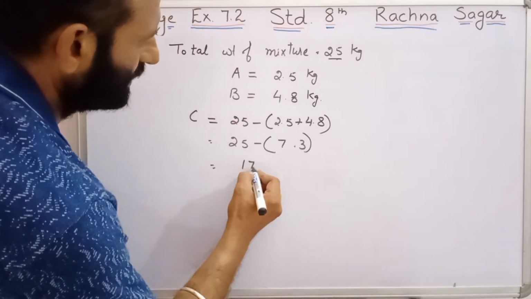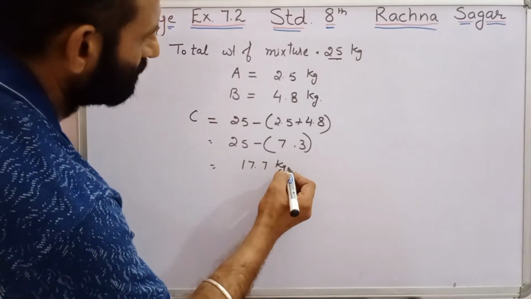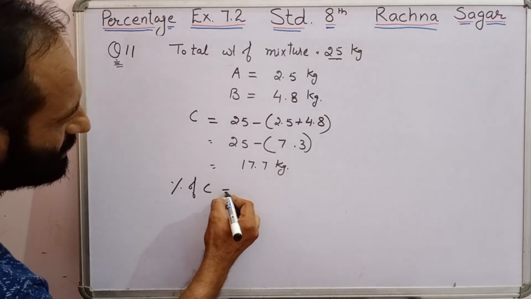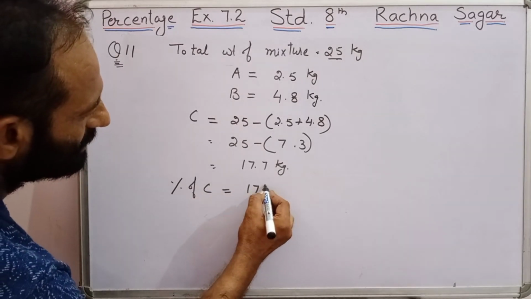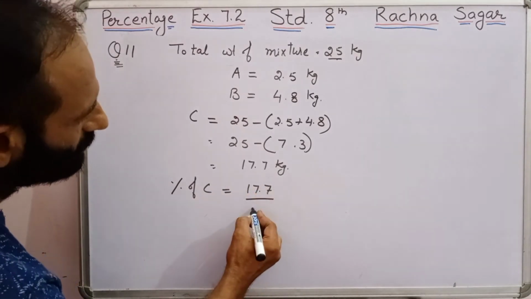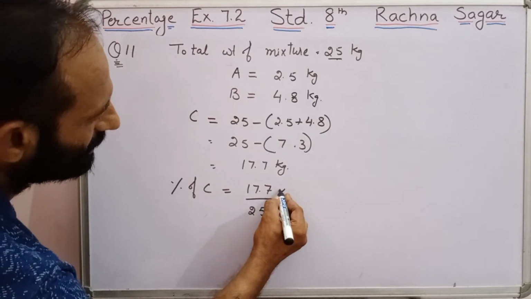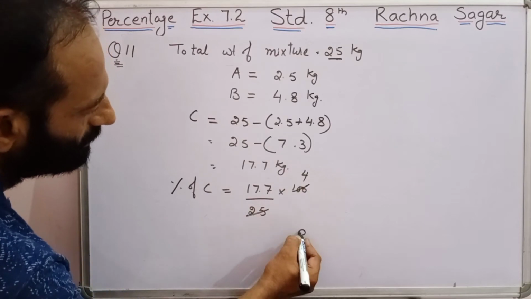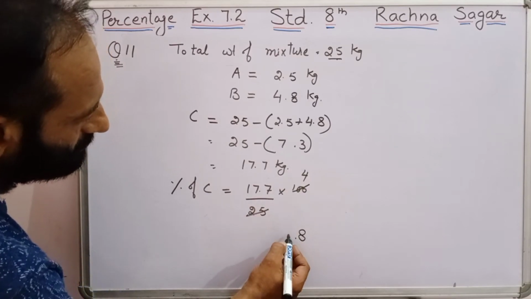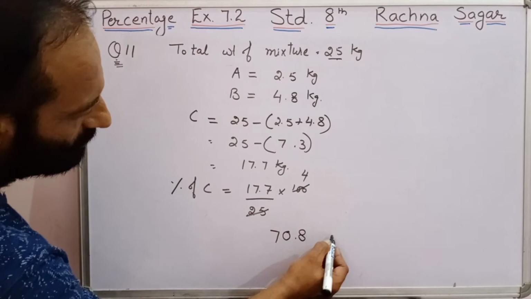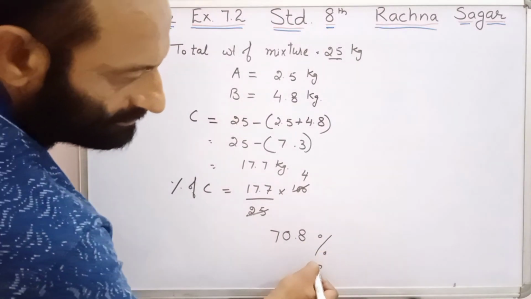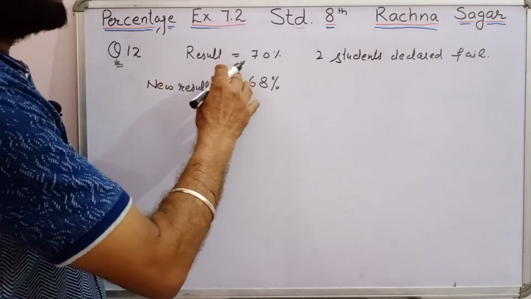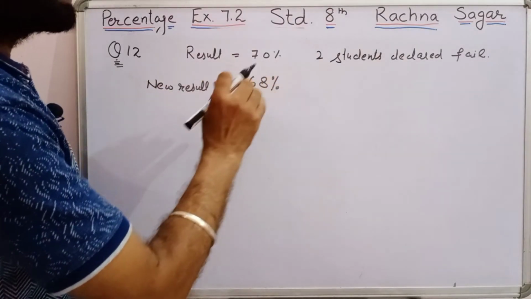It is 17.7 kg. Now percentage of C in the mixture is weight of C in the mixture 17.7 over total weight of the mixture 25 multiplied by 100, and it comes out to be 70.8%.